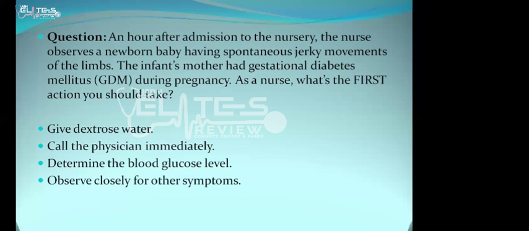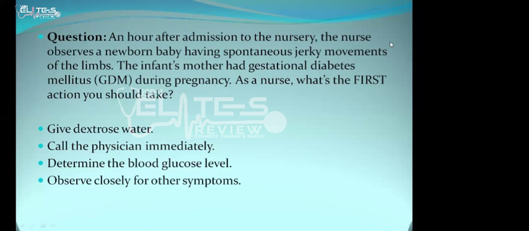Greetings to everybody. Let me attempt the question. This baby is jittery, I think due to hypoglycemia, because the child was subjected to a high amount of glucose, and the child is used to producing a high amount of insulin while in the mother's uterus.